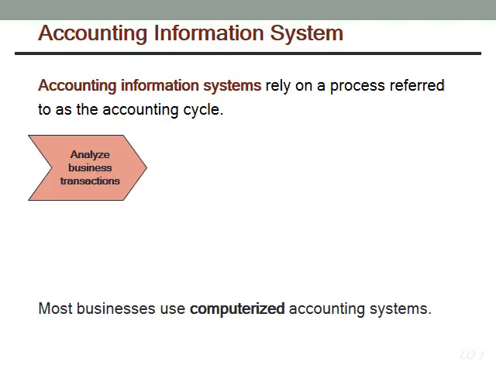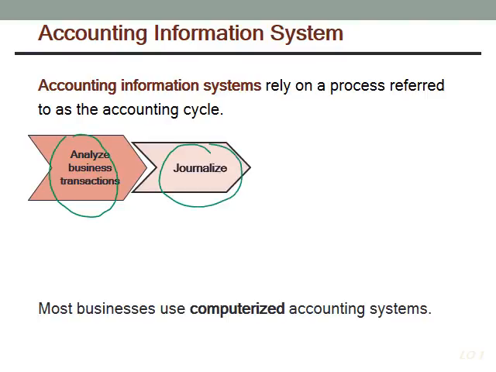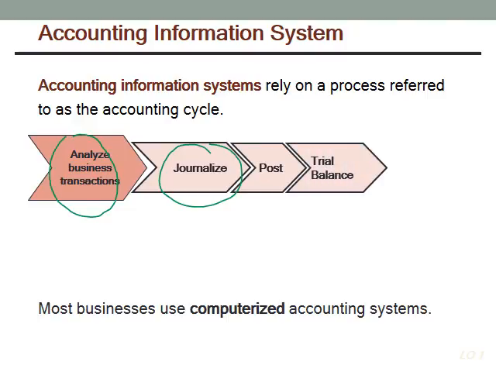This is, okay, a transaction happened. Somebody started a company. How does that look in the accounting system? Then we're going to learn journalizing. This is the debits and credits. So first we're going to start with learning objective 1, and this is the increases and decreases, and then move to debits and credits. Then we'll learn about posting and creating a trial balance.